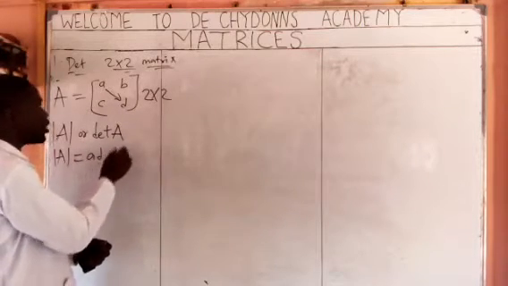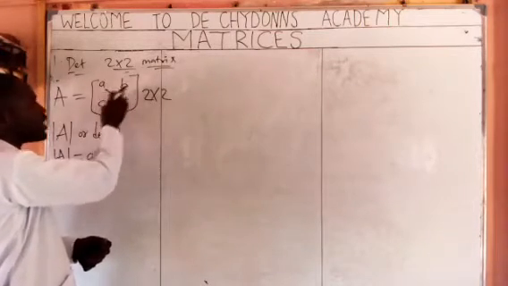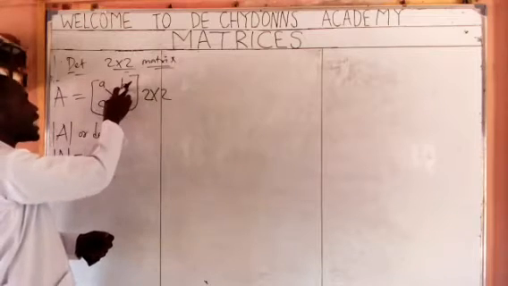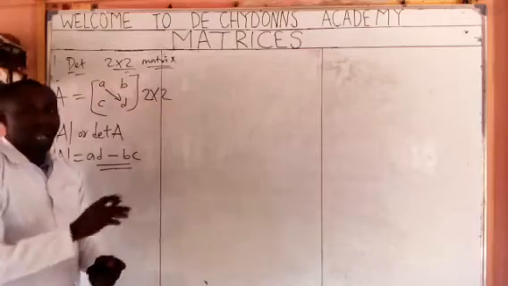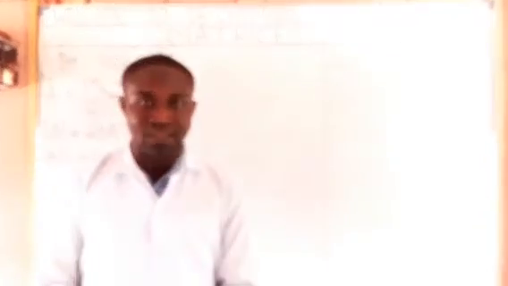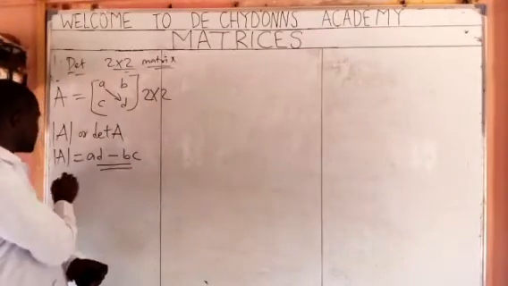Then say minus, get the product of the off-diagonal elements, C times B, say BC. Once you subtract, that is the determinant of a 2 by 2 matrix. So the determinant of a 2 by 2 matrix means the difference of the product of the diagonal elements and the off-diagonal elements.